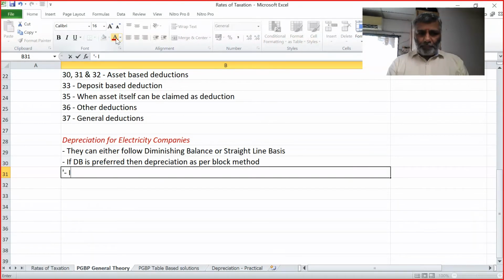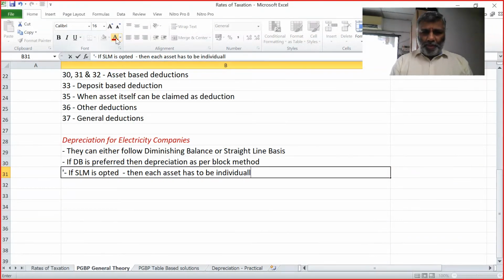If SLM is opted, then each asset has to be individually depreciated. In other words, no block concept.